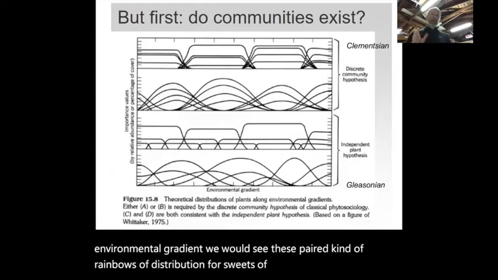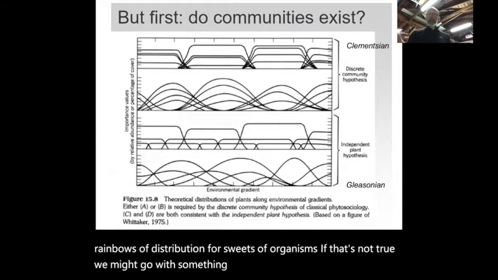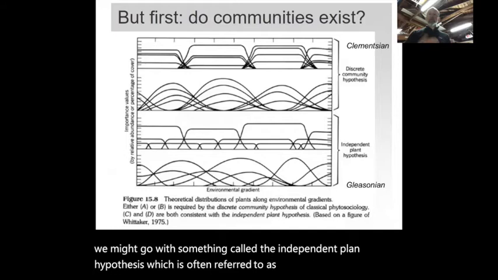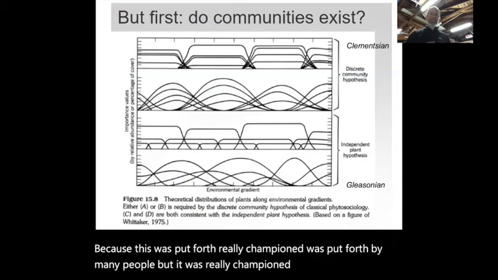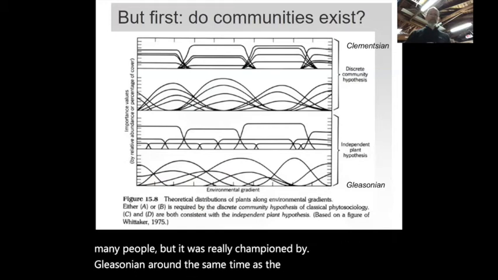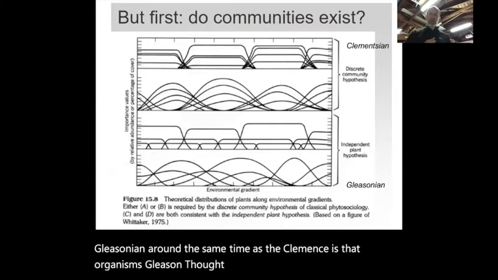If that's not true, we might go with something called the independent plant hypothesis, which is often referred to as Gleasonian, because this was put forth, really championed. It was put forth by many people, but it was really championed by Gleason around the same time as the Clemences, that organisms, Gleason thought, no, organisms all have unique environmental tolerances.